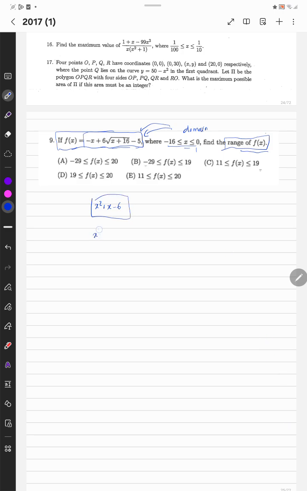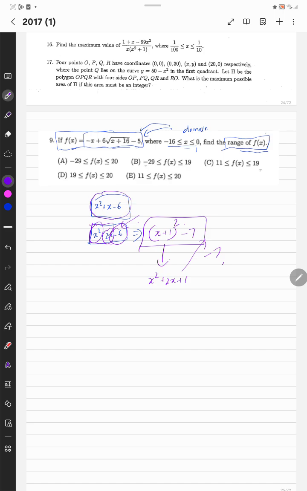Considering these two terms, x square plus 2x, it should be x plus 1 whole square, then minus 6, so we have to subtract 7 from that. We have to do something like this to create an expression in a square completed form.